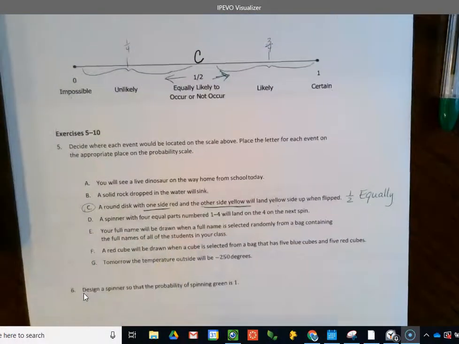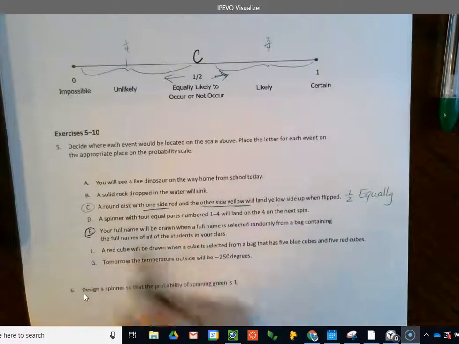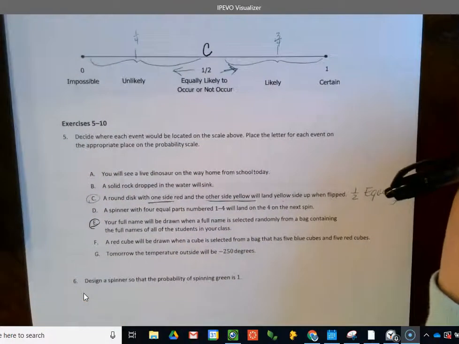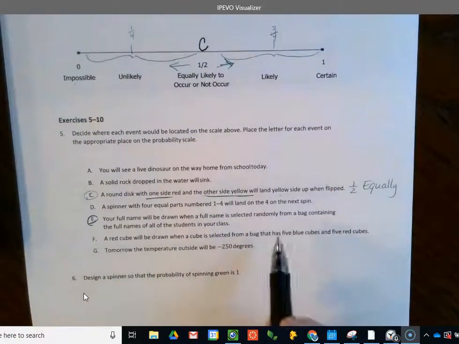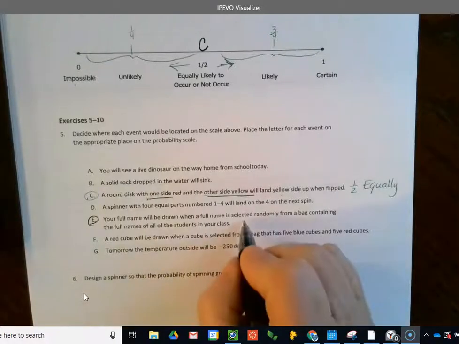Let's take a look at D. No, let's skip D. Let's go to E. Your full name will be drawn when a full name is selected randomly from a bag containing all the full names of students in your class. So even if your class has 10 kids in it, or 20 or 30, we'll just go with 20 for now.